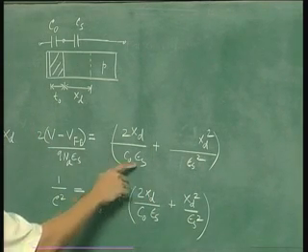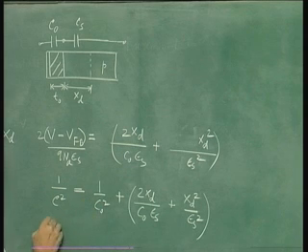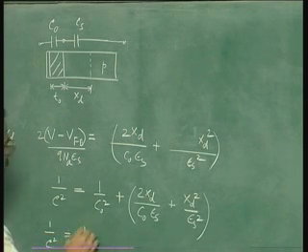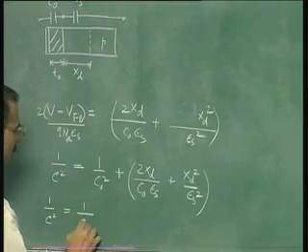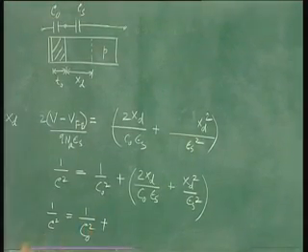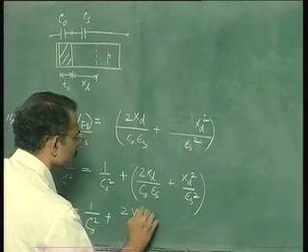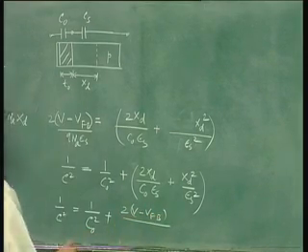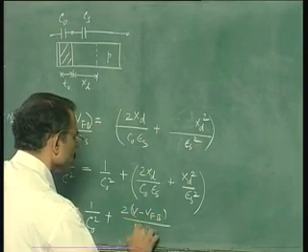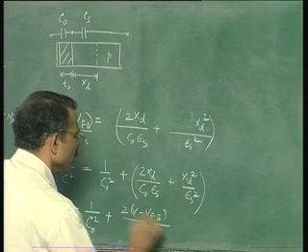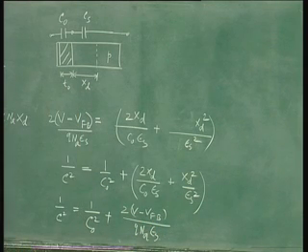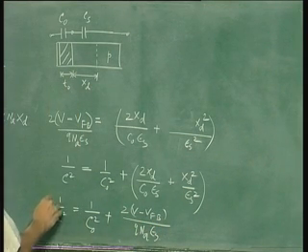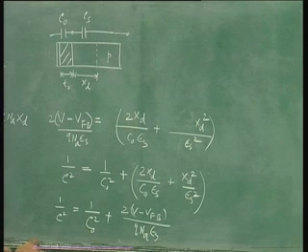Since this quantity is this, we can therefore get the equation 1 by C square is equal to 1 by C0 square plus 2 times V minus VFB upon Q Na epsilon S. So this is your equation for capacitance as a function of voltage.